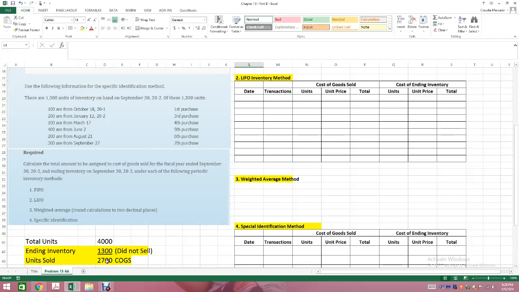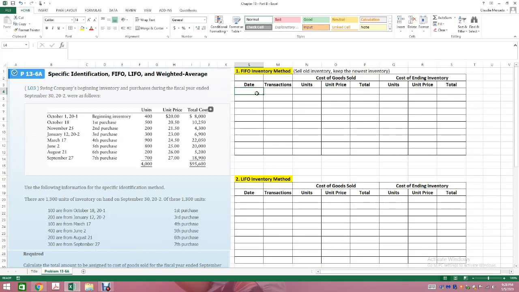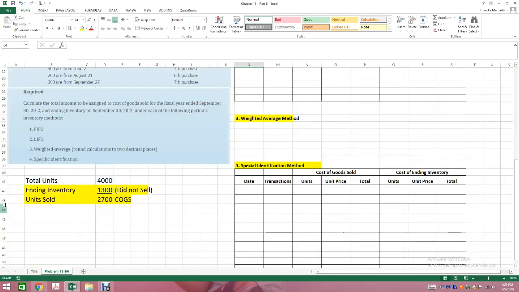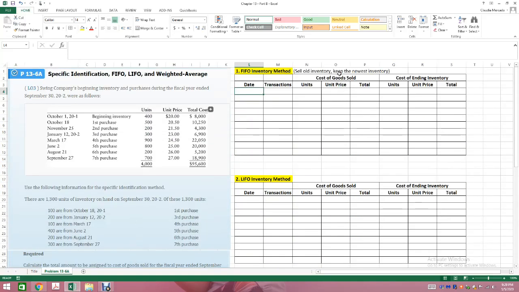Let's write it out here. We need to first figure out our units sold. I know that I sold 2,700 units. Which units did I sell? I sold the old inventory and I kept the new inventory.